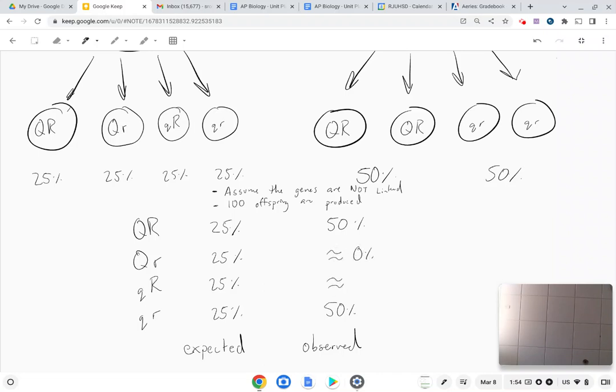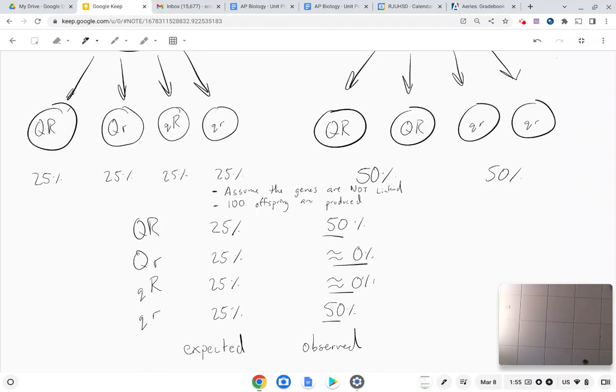Now, the reason I put the about 0 is because there actually is a way in which they could separate. And so I don't know if I want to share that quite yet. But let's just say that this is what we would expect. These numbers are what we would expect if they were linked.